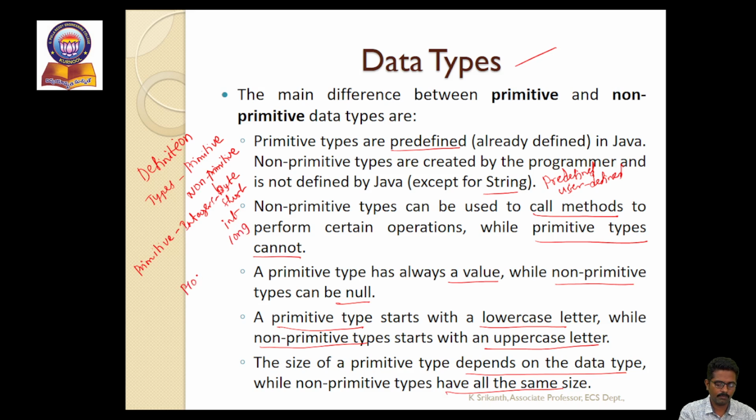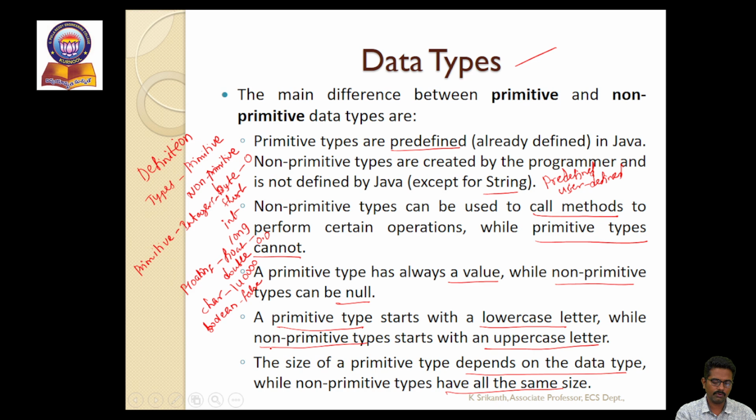Whereas the floating data types are float and double. And we have a char data type and a boolean data type. We also came to know the default values: for integers it is 0, the default value of floating point is 0.0, the default value of char is \u followed by 4 zeros, and the default value of boolean is false.